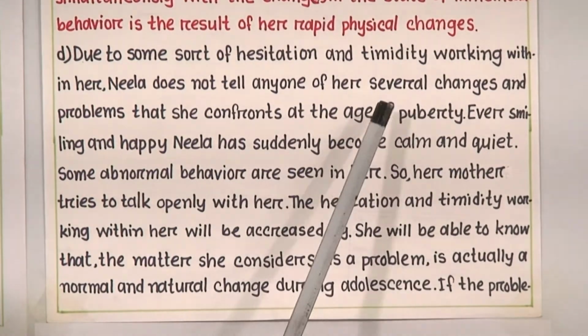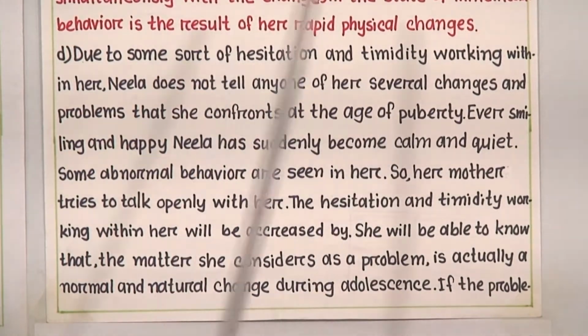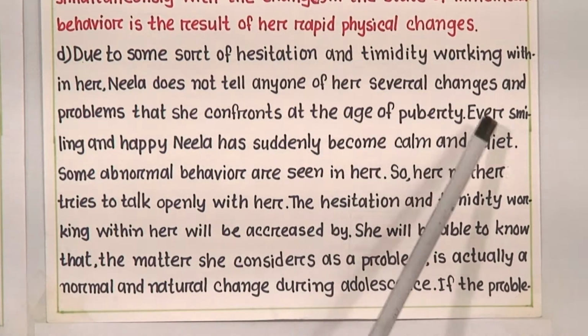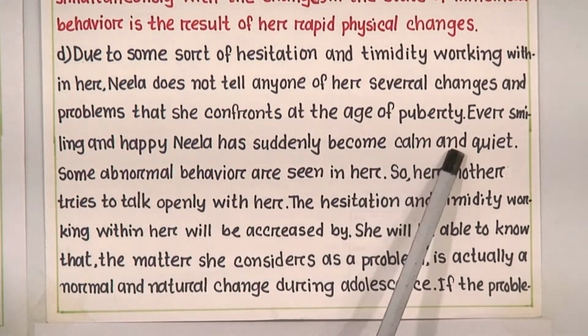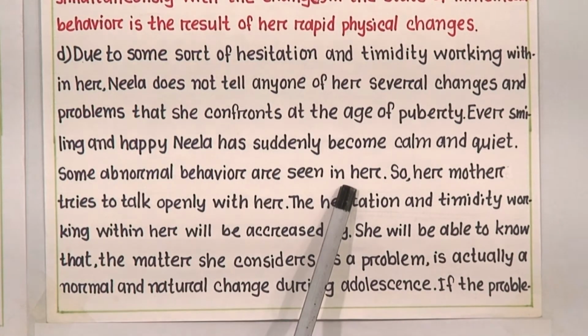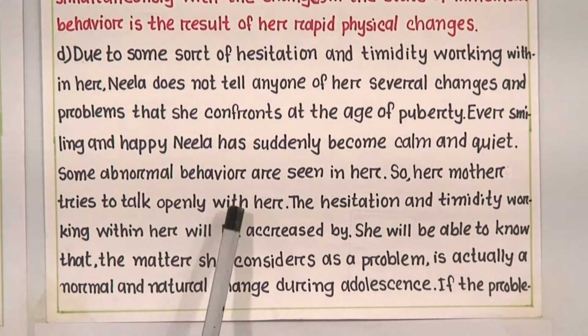And we have to share our ideas with our parents and with the person whom we trust. Ever smiling and happy Nila has suddenly become calm and quiet. Some abnormal behavior is seen in her. So her mother tries to talk openly with her.